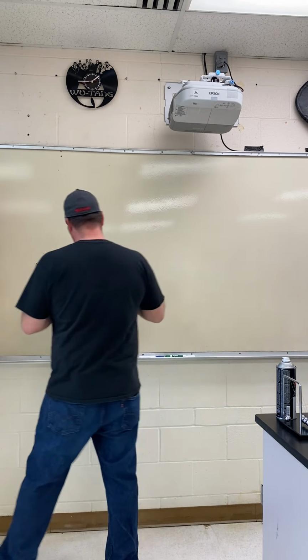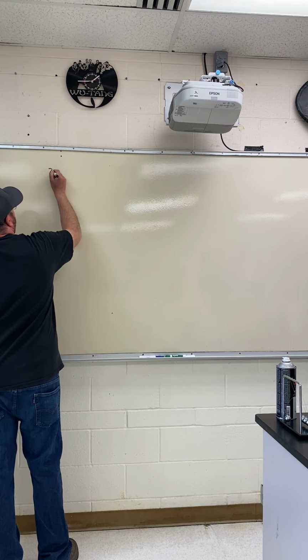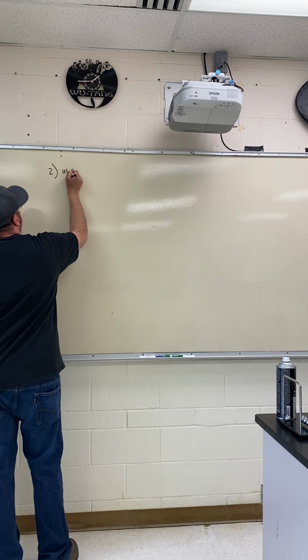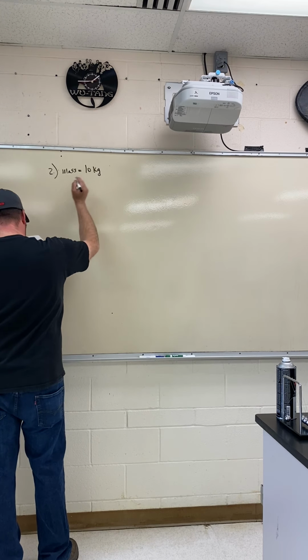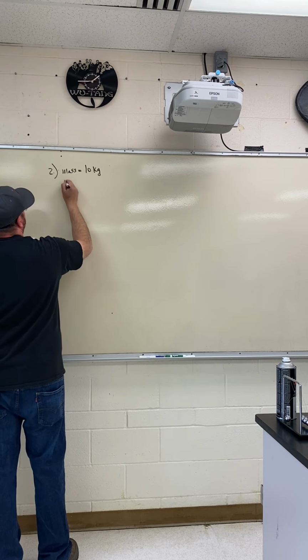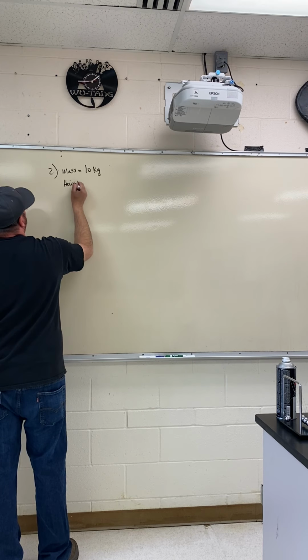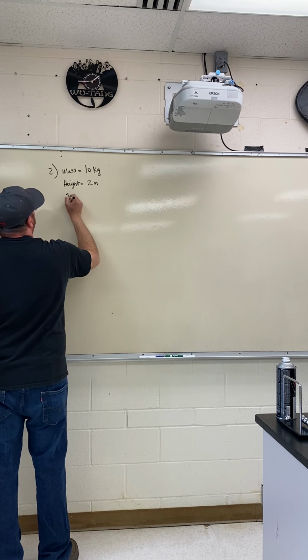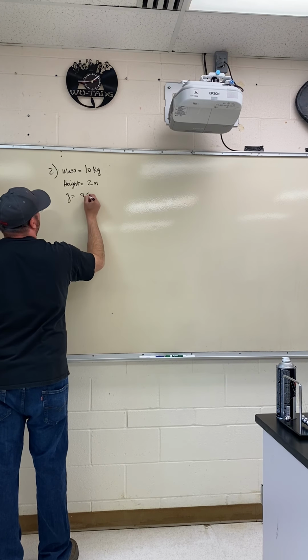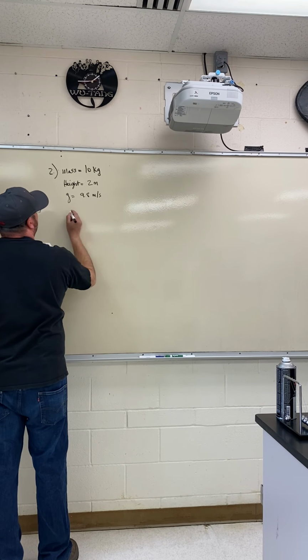All right, so next one, similar to the first, mass is equal to 10 kilograms. Height is equal to 2 meters. G is equal to 9.8. And joules, I don't know.